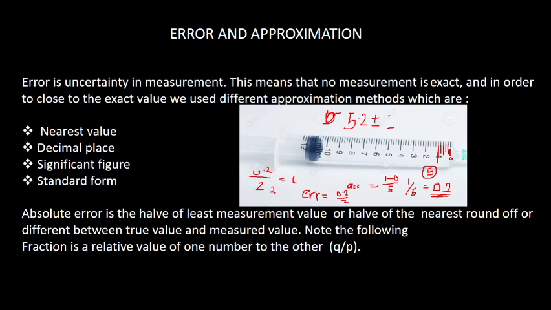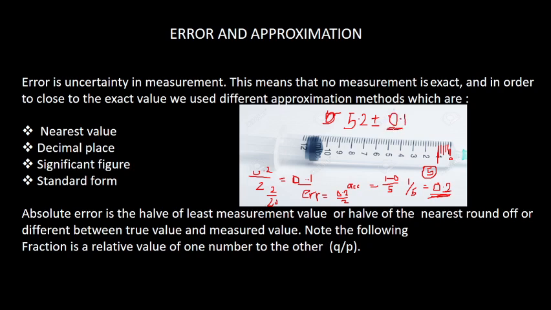I will have 2 divided by 20. So 2 divided by 20 is equal to 0.1, sorry. So the error here, with accuracy 0.2, divided by 2, is equal to 0.1. So you cut your value to plus or minus 0.1.